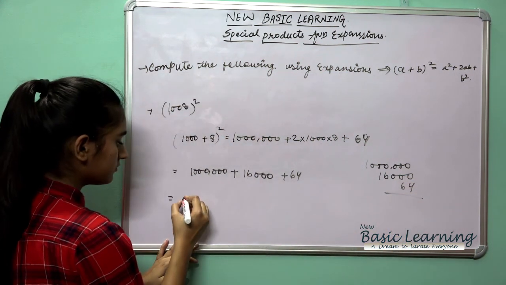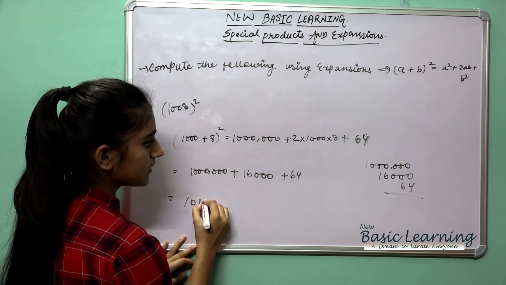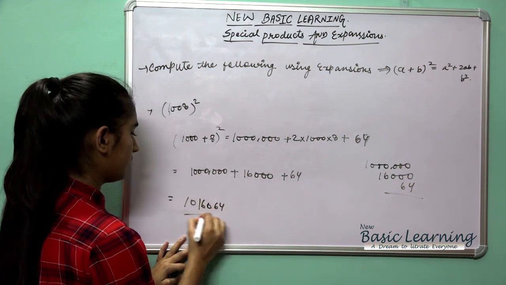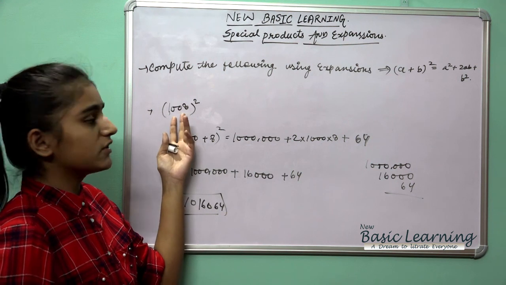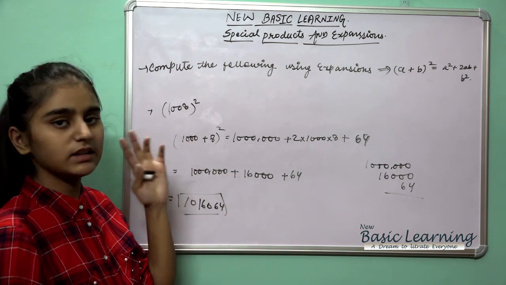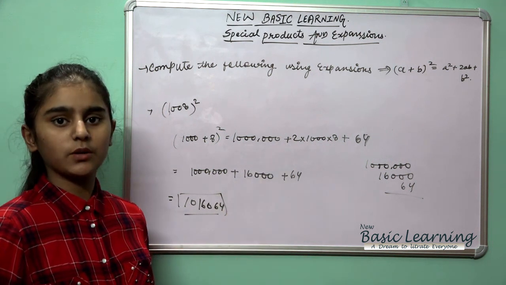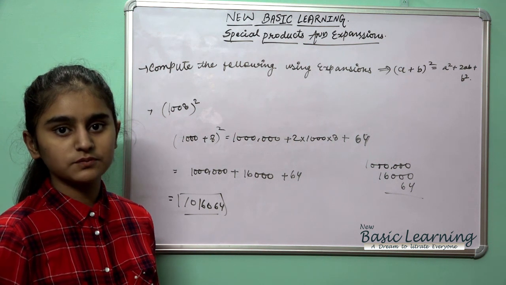It gives you 1016064. You can check it by doing the square of 1008 also. The answer will be this only, and by this formula you can calculate easily. So I hope this part is clear to you.